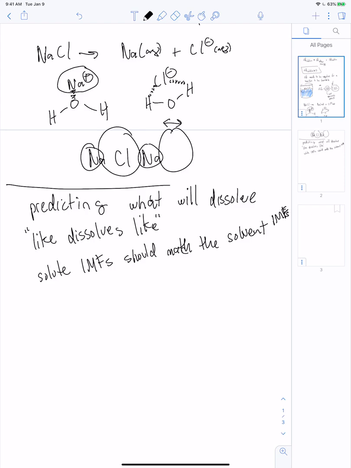So glucose looks something like a bunch of carbon atoms. Make sure I get all my hydrogens in here. Oh, that's a mess. Let me draw it in a simplified way.